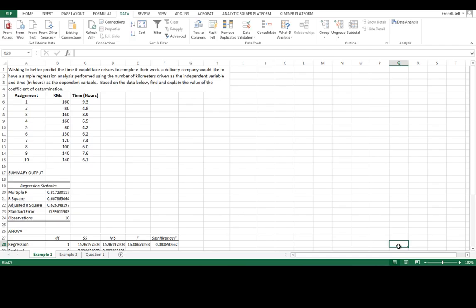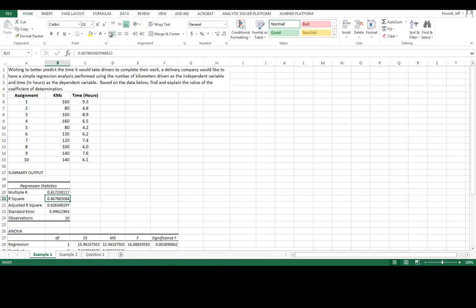And looking at our regression output, the one thing that stands out to me is the r squared value. I look at this r squared value of 0.6678 and a whole bunch of other decimals. If we remember the interpretation of r squared, we first convert that to a percent, and then we talk about the variability in the dependent variable that's actually explained by the independent variable we've chosen.